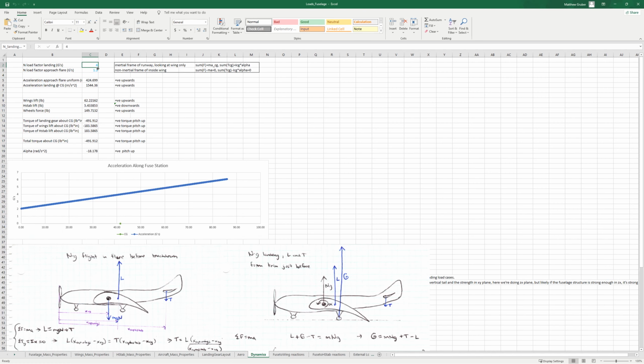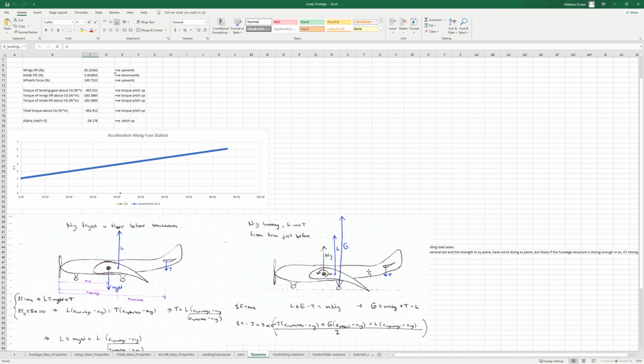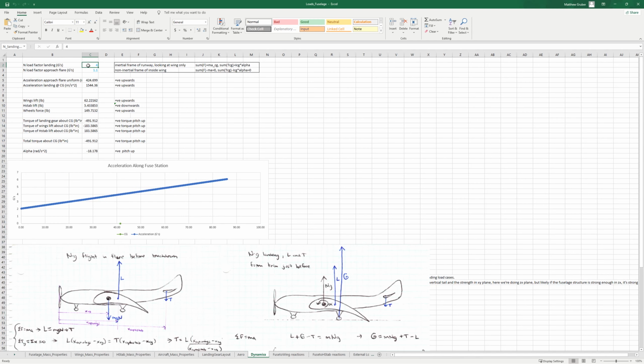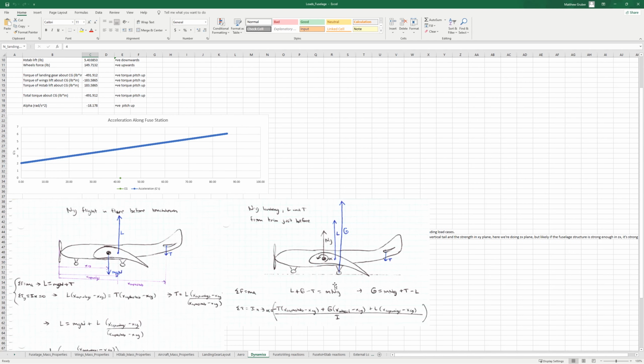So here I've put a landing load factor of 4. So the aircraft is coming in doing 1.1 Gs, and then the main gear hits the ground, and the whole aircraft experiences an upward acceleration of, actually, because of the angular acceleration, I'm defining this 4G load factor to be at the CG.